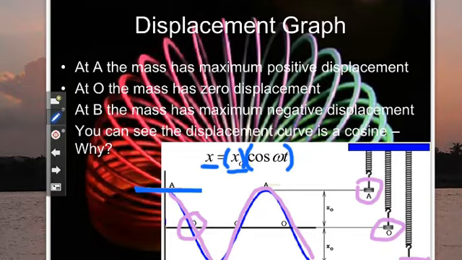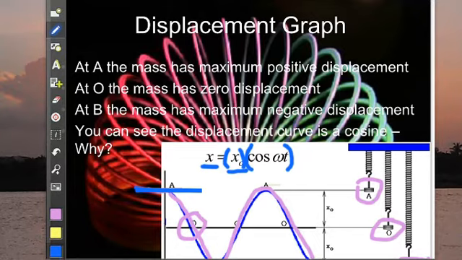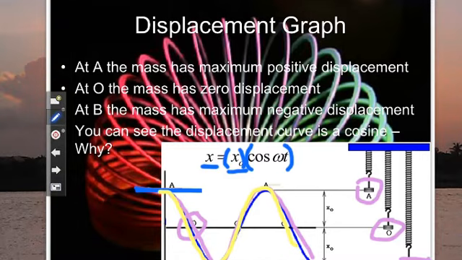Now this cosine omega t is basically telling you where along this position graph you're looking. And so the cosine omega t moves you along the graph to show you what portion of that maximum amplitude you're at at a given time.